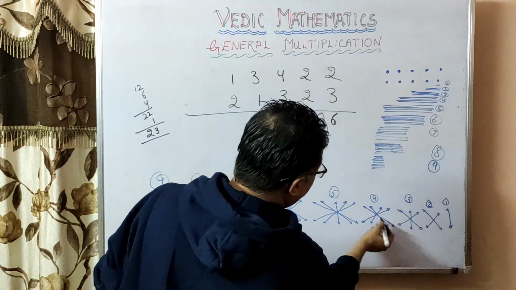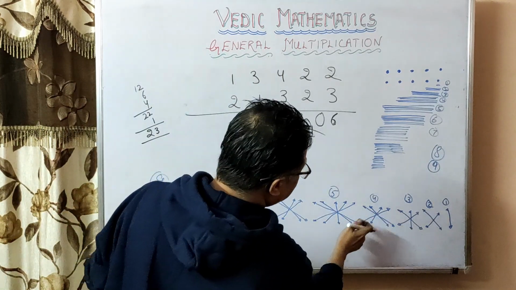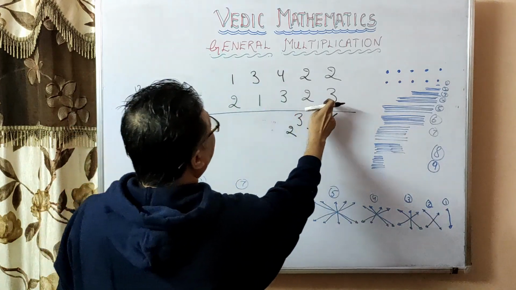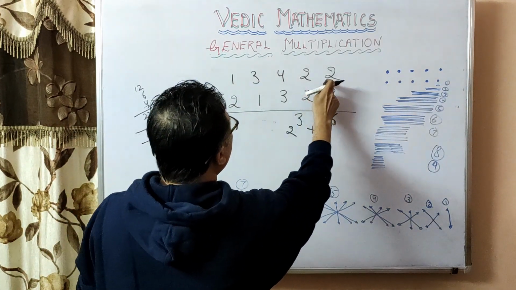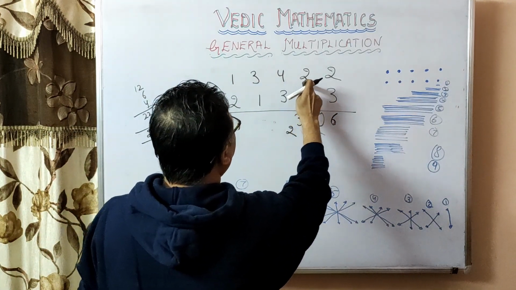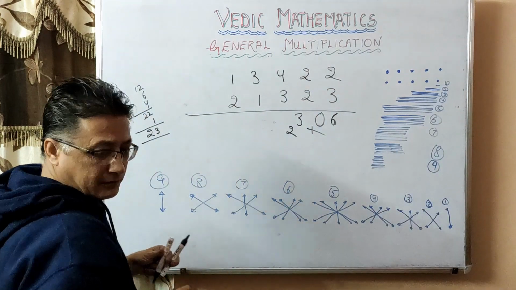Now we come to step 4. So this is the path. That means 3 multiply 3, 1 multiply 2, 4 multiply 2 and 3 multiply 2 and then add these.